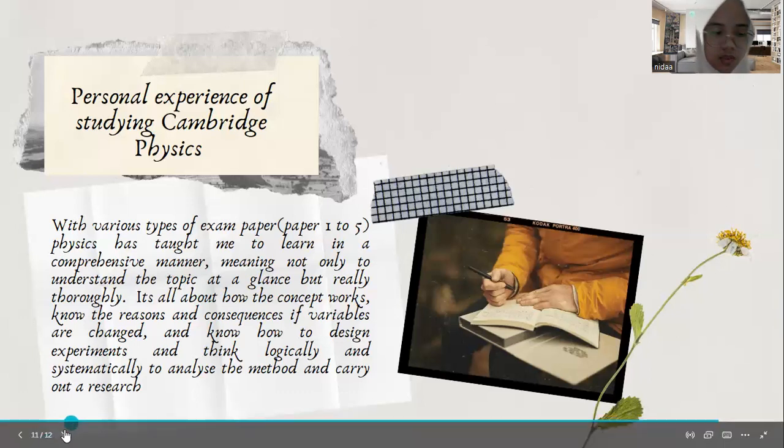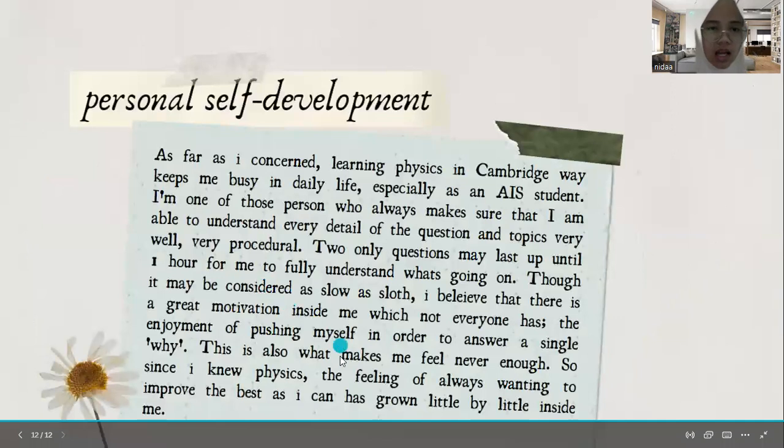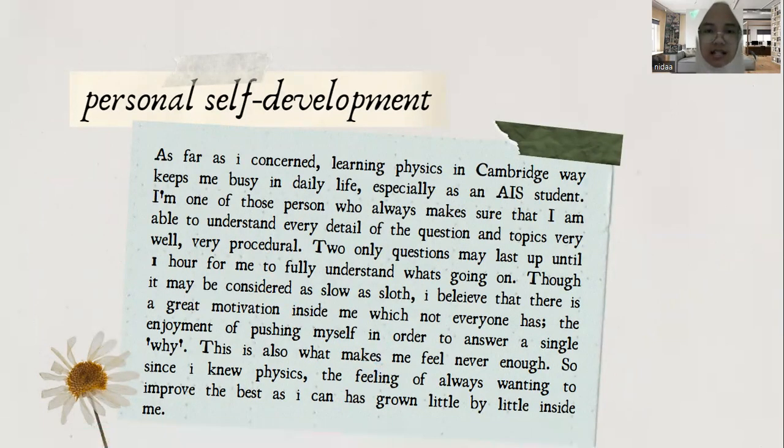So I'll be glad to have this chance to learn Cambridge physics, and it brings me benefits, such as learning physics the Cambridge way keeps me busy in daily life, especially as an IU student. I am one of those people who always make sure that I'm able to understand every detail of the questions and topics very well, and I'm very procedural.